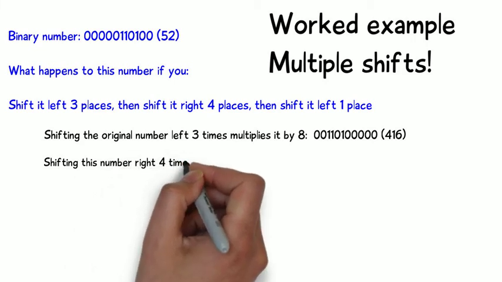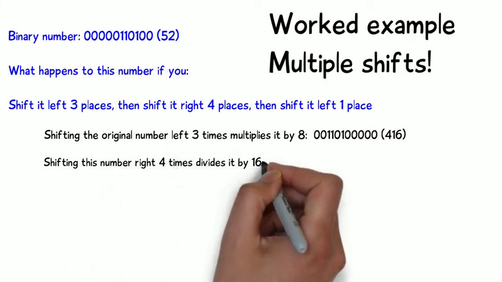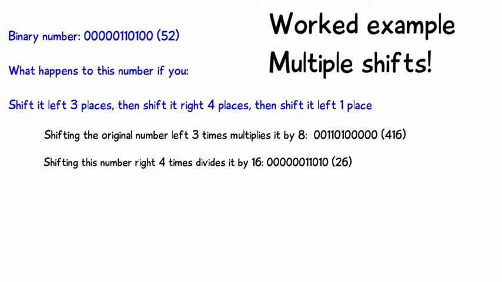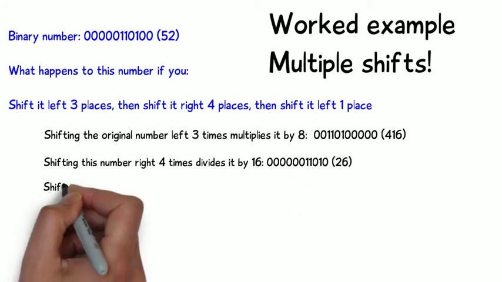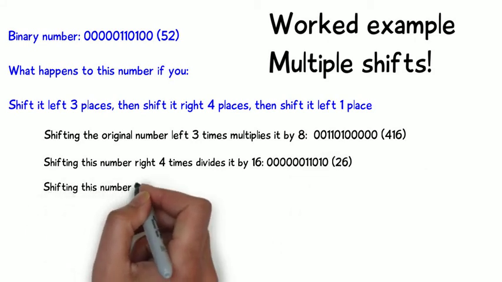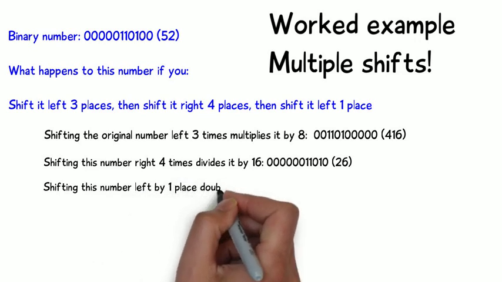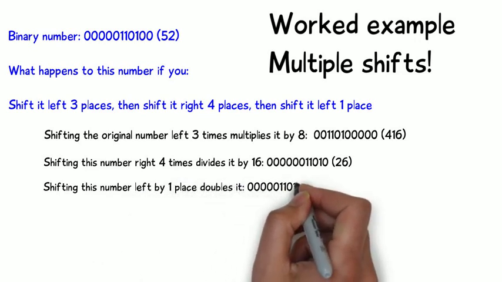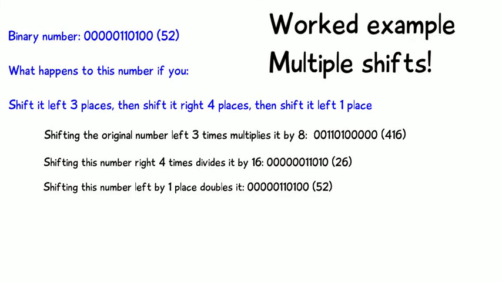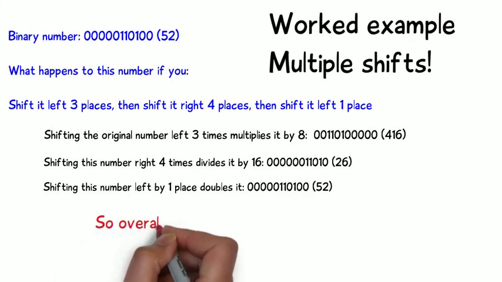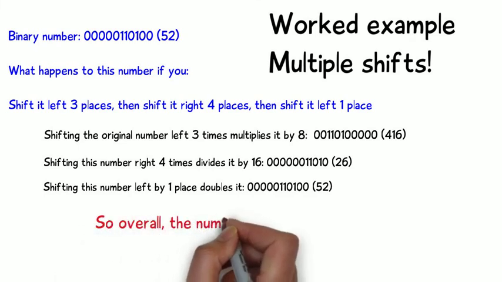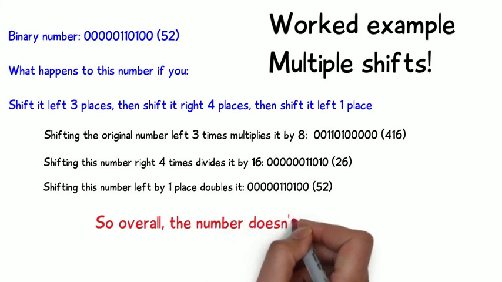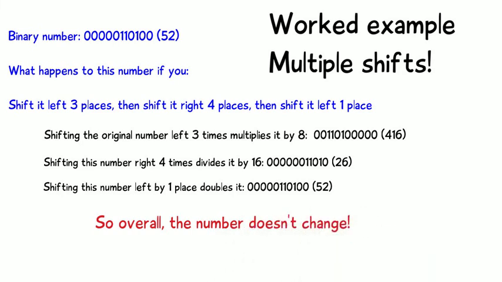Shifting that number right by 4 divides it by 16. Shifting that number left by 1 place doubles it. So with this example we just end up with the same thing, but you can see the idea that shifting left or right multiplies it or divides it, depending on how many places you shift by.